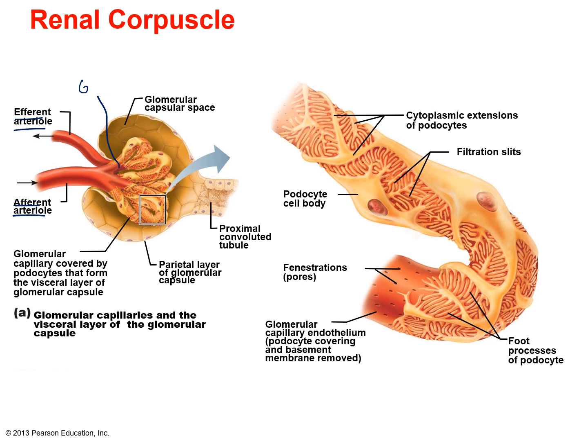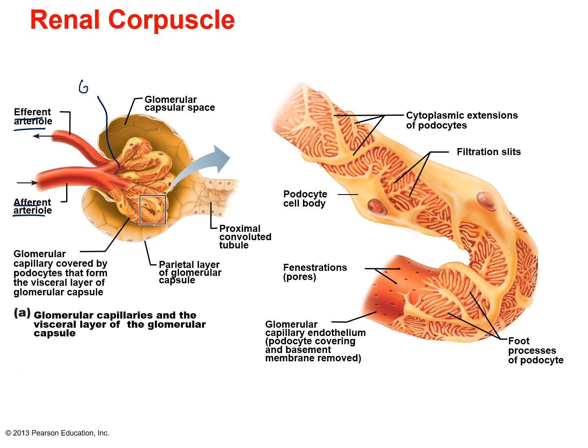This picture doesn't really give it justice, but the afferent arteriole is going to be a larger diameter vessel than your efferent arteriole, and that can be helpful if you are looking at an unlabeled figure to determine which is the afferent arteriole bringing blood into the glomerulus and which is the efferent arteriole draining blood away from it.